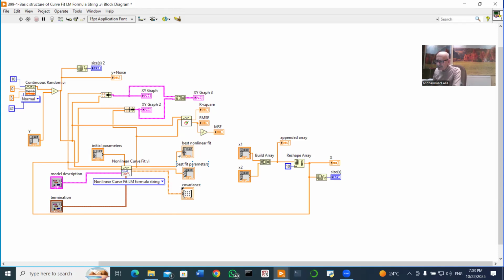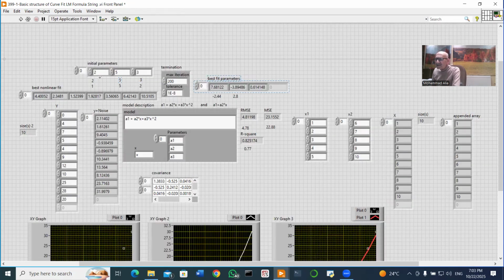This is the best fit values, and here is the best fit coefficients. I have put here suggested values. Here I can get the exact best fit parameters. If you look at them, instead of 2, now I have 7.68, for example. Instead of 5, I have minus 3.89, and so on. So these are the best fit values.